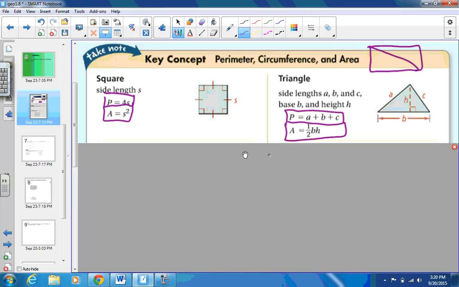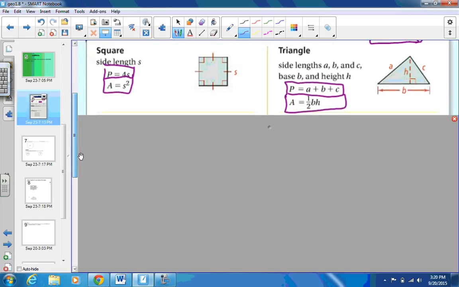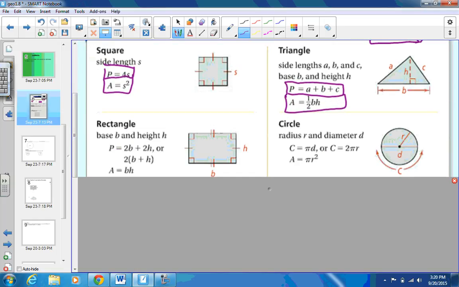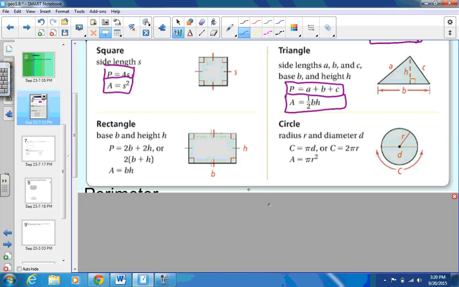All right, there's 2. We have 2 others. One is a rectangle, very similar to square. 2 times the base plus 2 times the height, or just add up all the sides for the perimeter. And the area of a rectangle is just the base times the height.